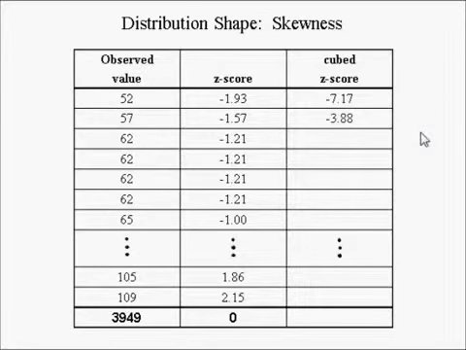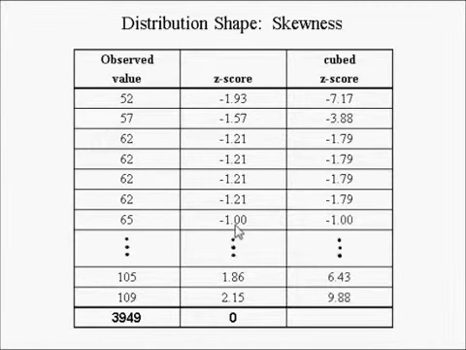The second cubed z-score is equal to negative 1.57 raised to the third power, which equals negative 3.88. The third, fourth, fifth, and sixth cubed z-scores are equal to negative 1.21 raised to the third power, which equals negative 1.79. The seventh z-score is a negative 1. Negative 1 times negative 1 times negative 1 is a negative 1.